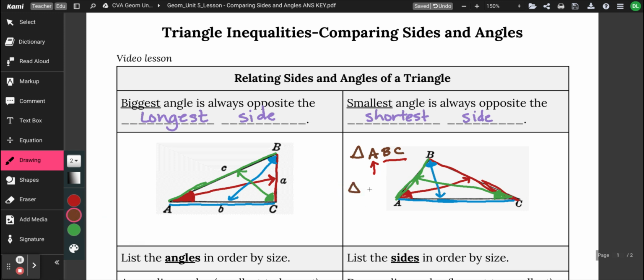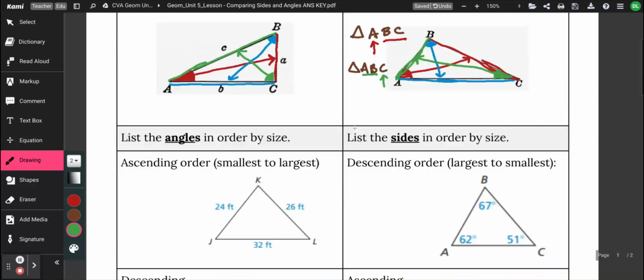If we look at angle C, C was green, angle C is across from side AB. So it's important to recognize that pattern. It will help you. And angle B is across from side AC. So angle B is the angle, which means the other two letters are the sides.